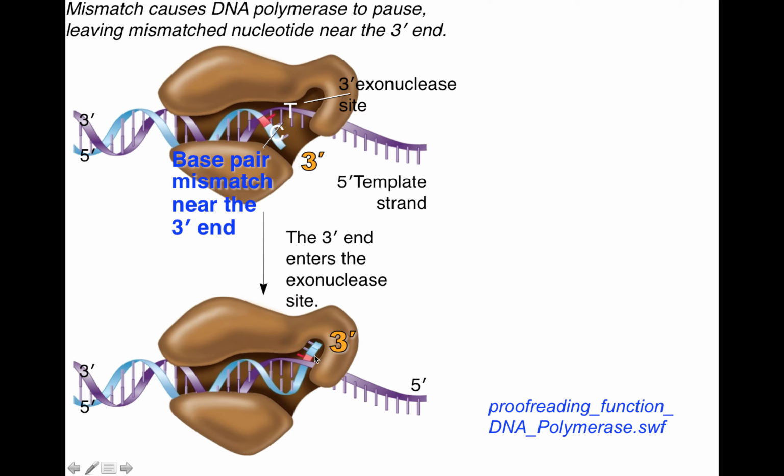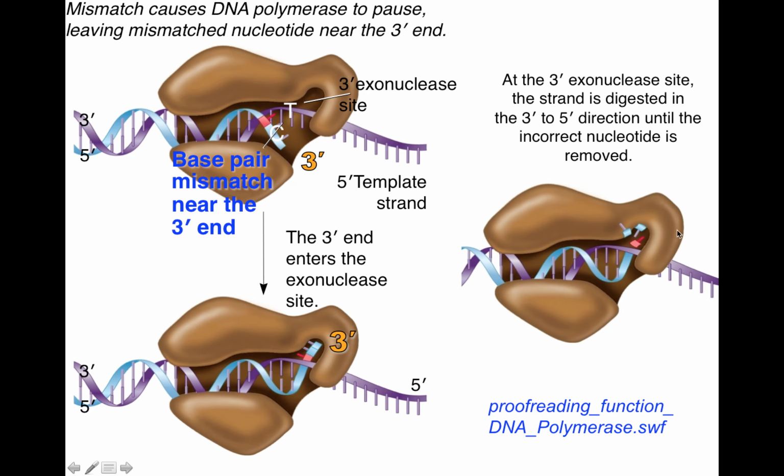The 3' end of the newly synthesized strand of DNA enters this exonuclease site, and the nucleotides are removed one at a time until the bad nucleotide is excised. Once you remove the bad nucleotide, the conformation of the double helix is preserved, and it has a lesser affinity for this site and a greater affinity for the catalytic site, and the DNA moves back to the catalytic site, and nucleotides start to be added again one at a time.